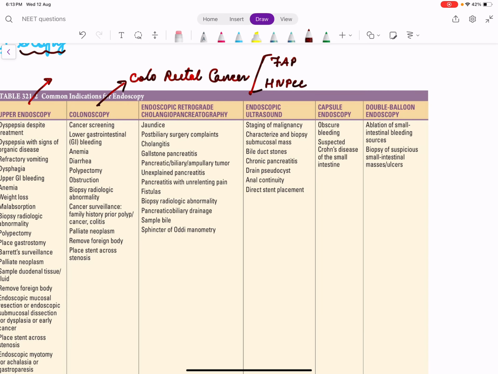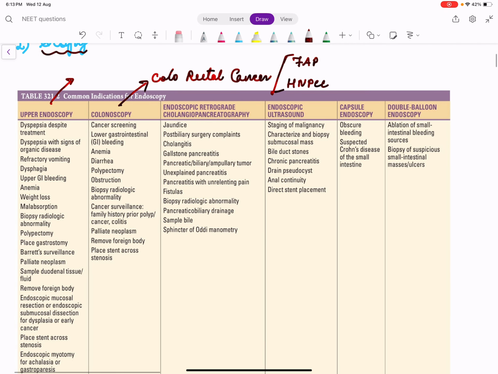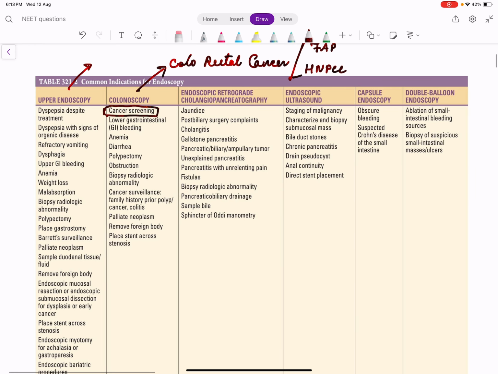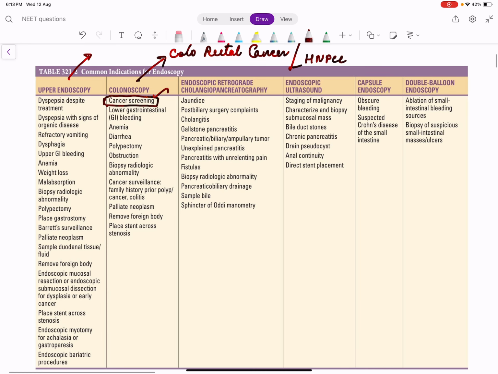So rather than waiting for the person to develop symptoms and develop cancer, we can screen them from a particular age. So for cancer screening, colonoscopy has a very important role. Apart from the other therapeutic and diagnostic indications, we also have cancer screening.